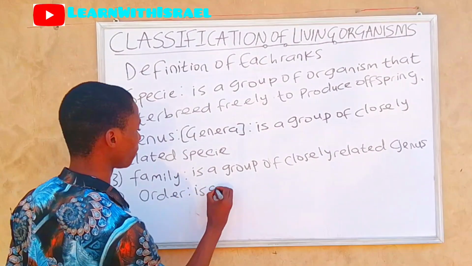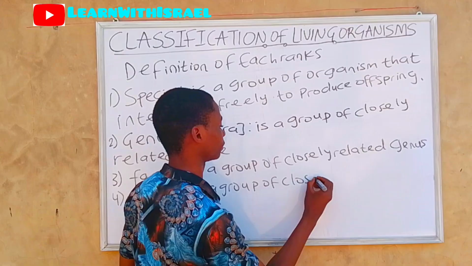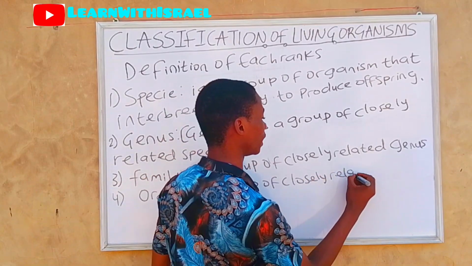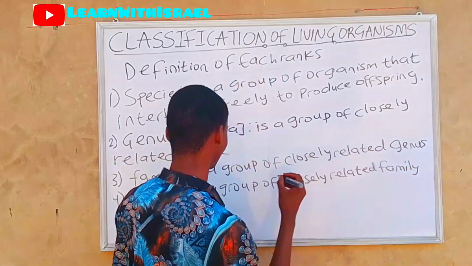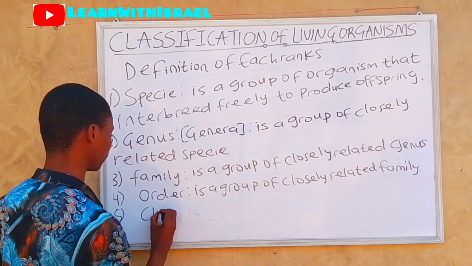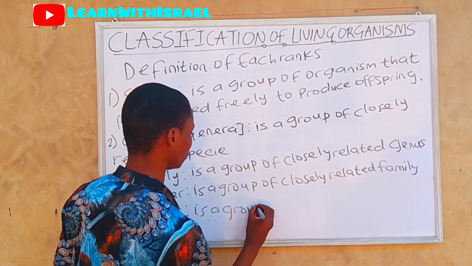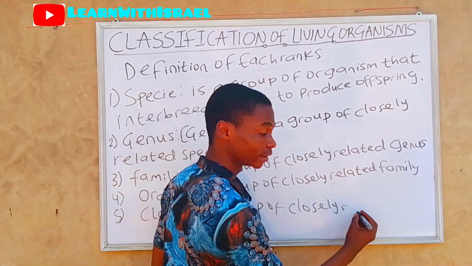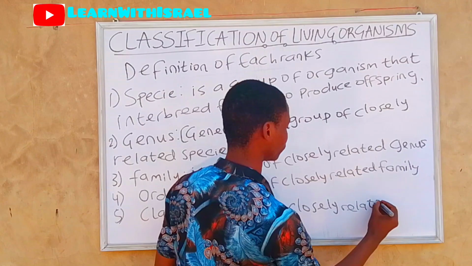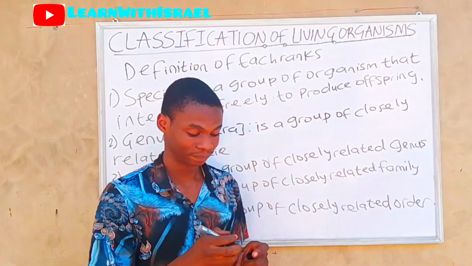Order is a group of closely related families. So the next one is class. Class is a group of closely related orders. What can you notice here?